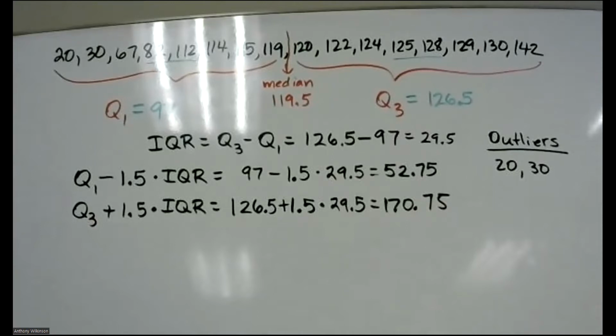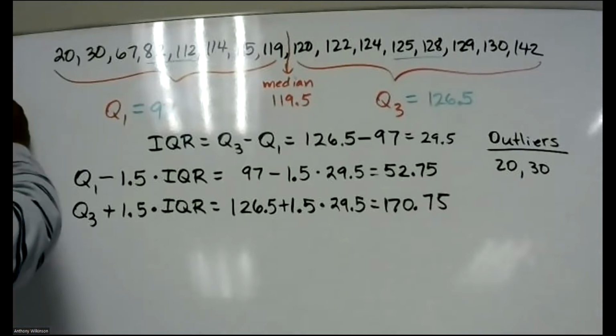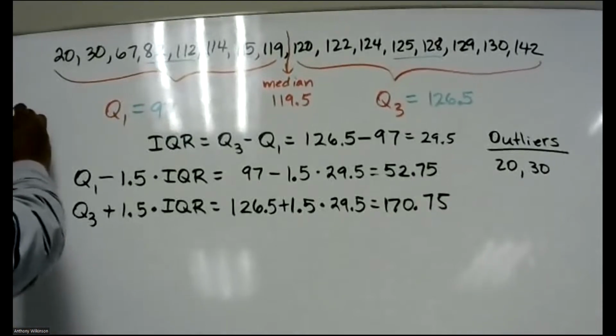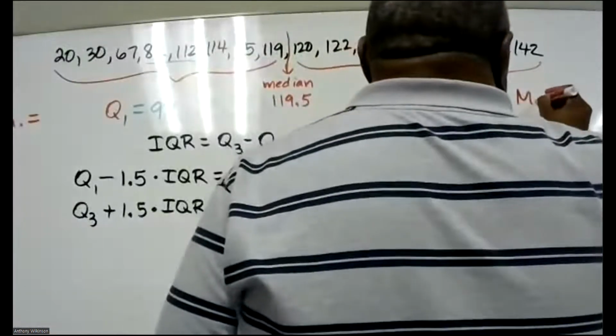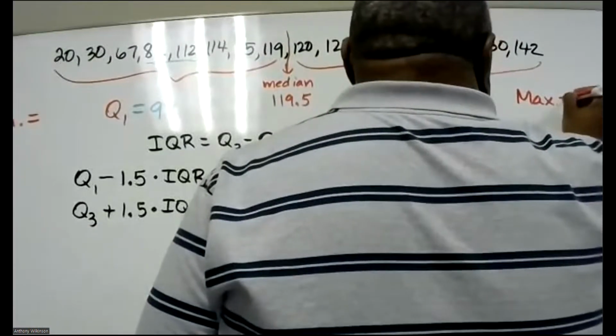Now, from this information, I can find out what my minimum value is and my maximum value is. That way I can draw the box plot. The maximum is going to be easy to find. What's the highest value that I have here?